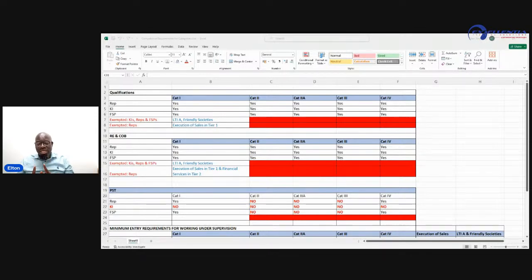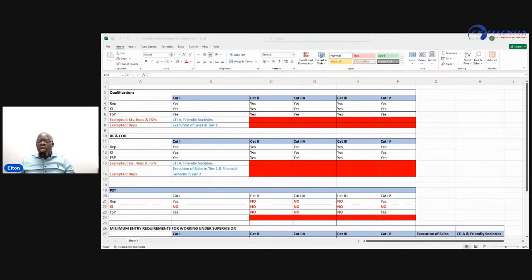So you can actually do product-specific training if you're a KI that is also a rep. But if your role is only a KI, you are not required to do product-specific training. So a simple way of determining this, if I was a KI, I would go on my rep register, I check who is appearing as a KI and who is appearing as a rep. Everybody who appears as a rep on the rep register and are appointed as a rep, they must do product-specific training.